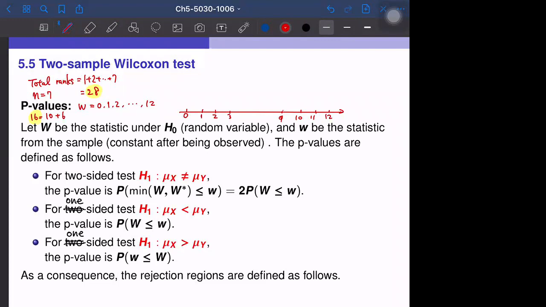Actually, this distribution is symmetric under the null hypothesis, symmetric at 6, because the probability that W is equal to 0 and the probability that W is equal to 12 are the same. Under the null hypothesis, X and Y have the same distribution, so the sum of ranks of X is just a random summation of 4 ranks minus 10.